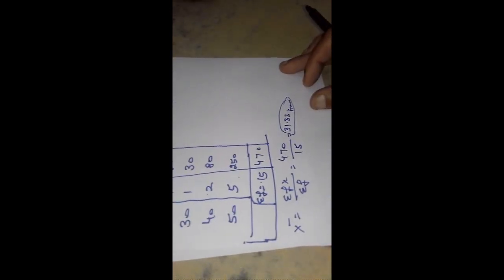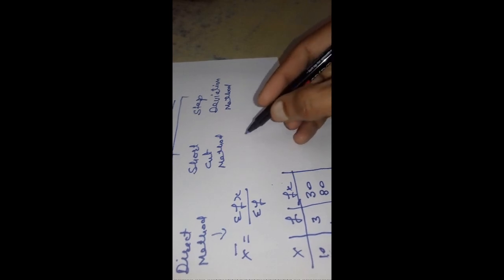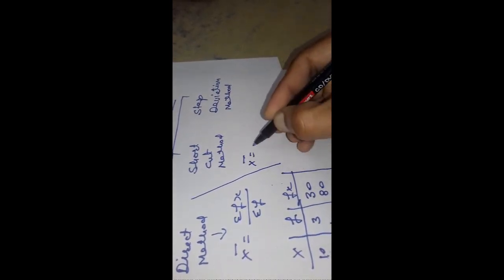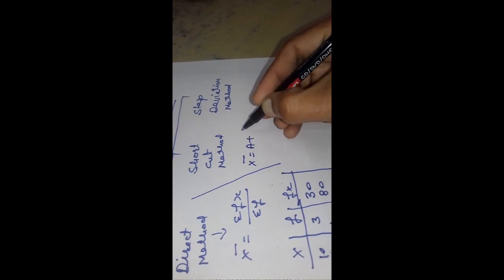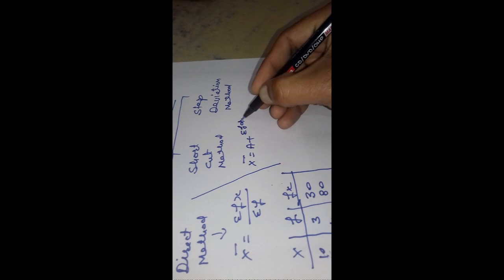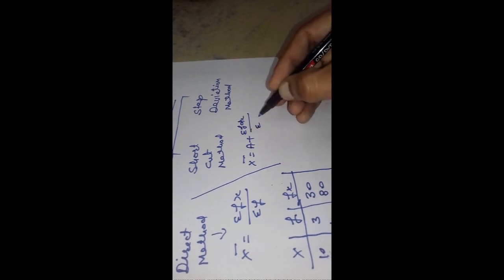Now let's work on the second formula. You must have a copy and pen to solve these equations simultaneously with me. For the shortcut method the formula will be x bar equals a plus summation f dx over summation f.